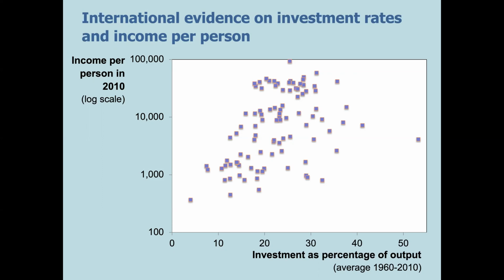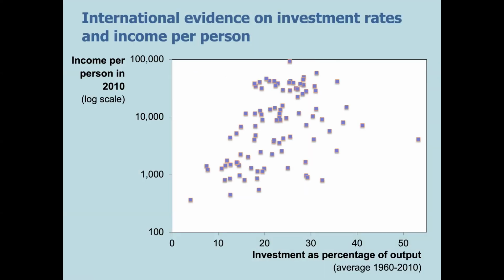It's the same idea. As long as the number of workers as a fraction of the population isn't too different, that's going to track along with income per worker. And you can see that a higher saving rate does indeed lead to higher income per person.